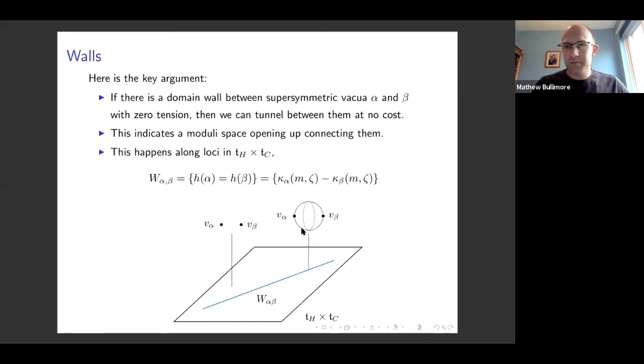At that point, what I can expect to see is a non-trivial moduli space opening up that connects those two vacua. So here I've drawn it as a two-sphere. It's not quite true, but the point is that there's a moduli space opening up that connects the two. And then again, I might continue this picture. There may be lots of walls, and I get a very nice intricate structure where I might go on one wall and then another one, and then the moduli space gets bigger and bigger until I get right to the origin, where the masses are just 0, and I have a very big moduli space indeed.